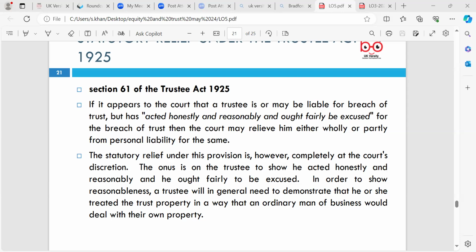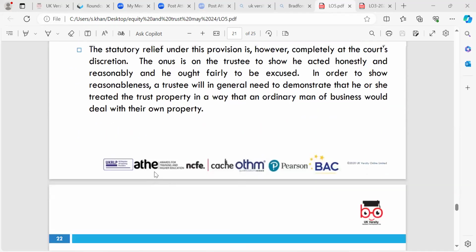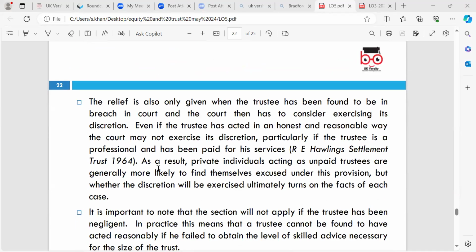Beneficiary consent is a defence for a breach of trust where the beneficiary is of full age and capacity and not subjected to undue influence. If the trustee is found to have acted in breach of trust, they are required to restore the trust fund to the position it would have been in before the breach. So there are limitations in place in regards to section 61.